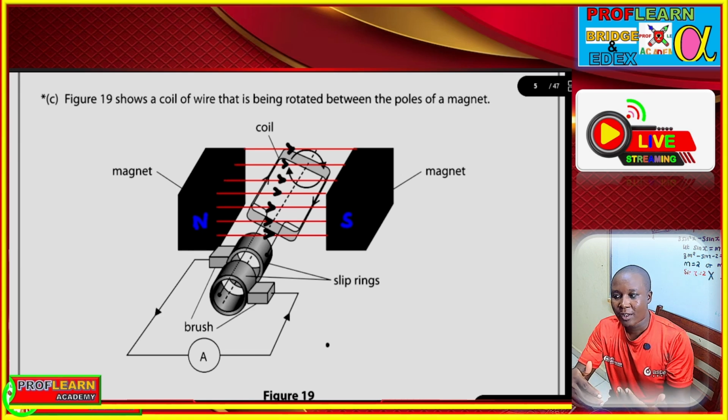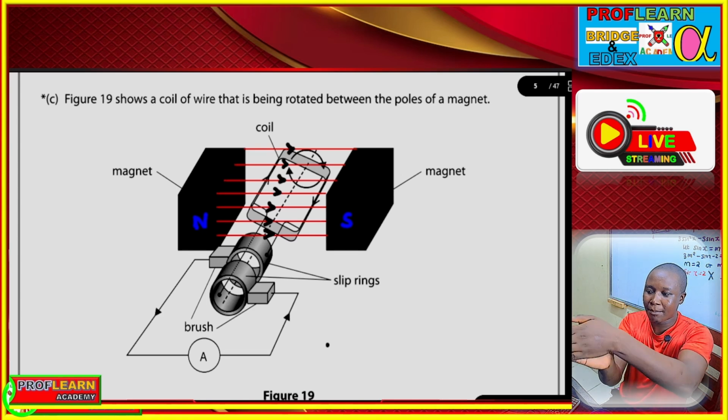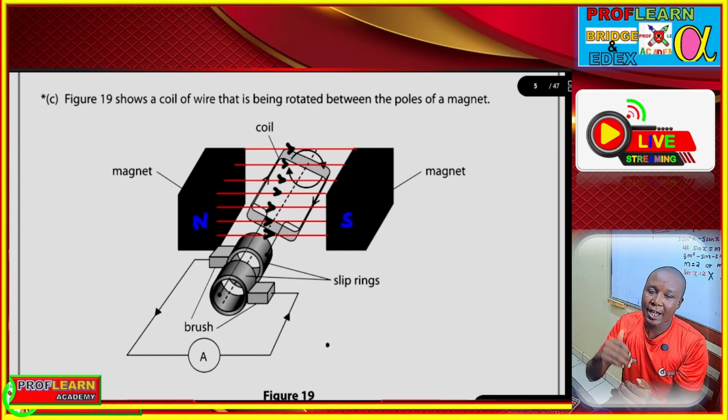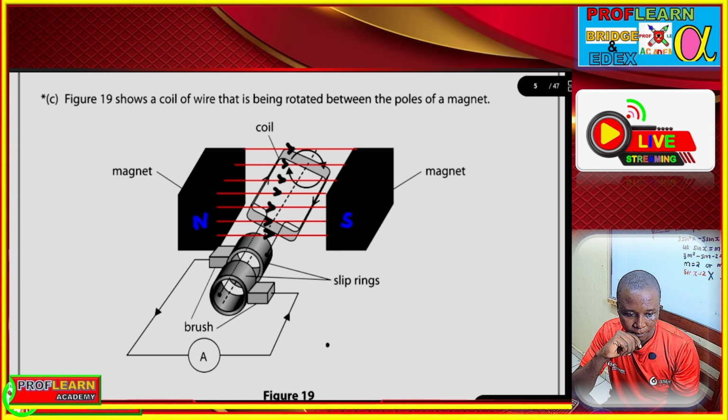And that is how electricity is generated, because we have a coil that is turning within the magnetic field. As it's turning within these magnetic fields, it's going to cut through the magnetic field. And when a conductor cuts through a magnetic field, an EMF is going to be induced.